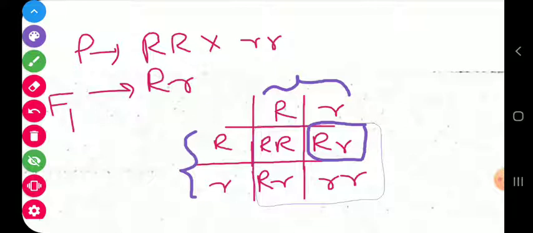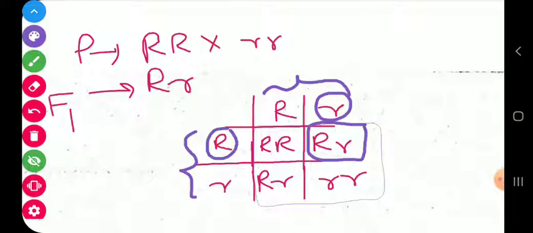Suppose the probability of getting capital R from father and small r from mother gives the heterozygous stage, capital R small r.